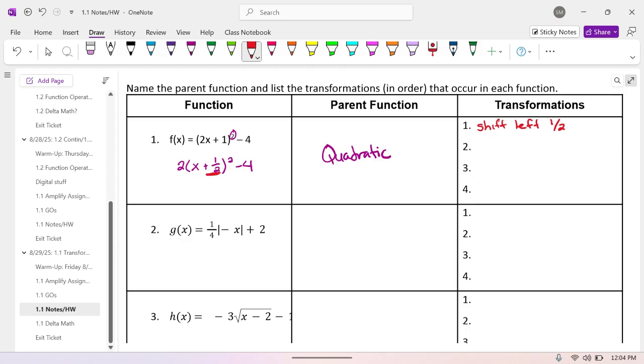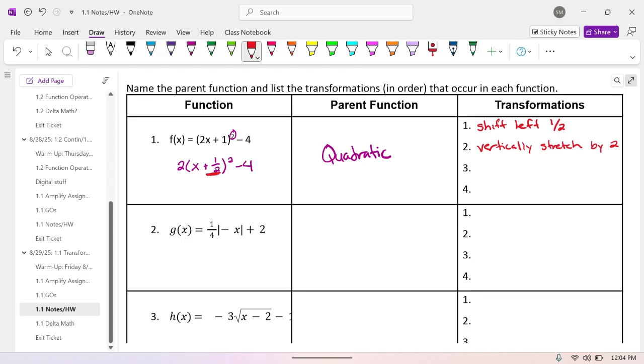The y, so it's vertical. Now, it's bigger than 1, so will this be a vertical stretch or compression? A stretch, good. So we vertically stretch by what factor? What were we multiplying by? 2. So stretch by 2.